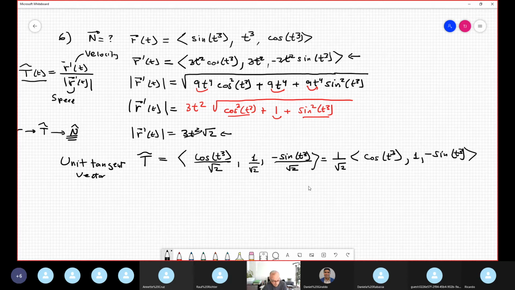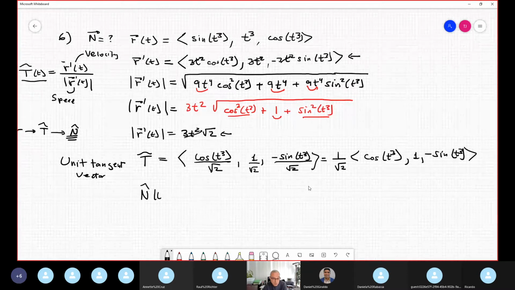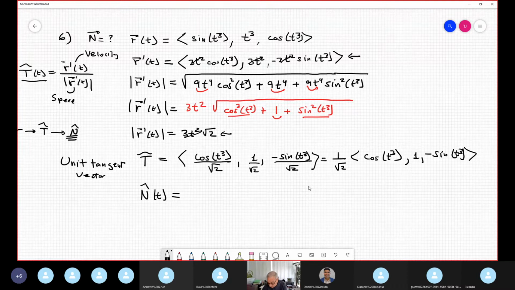In order to find the normal, the formula for the normal, one possibility among the many formulas in the Frenet-Serret formulas, is you divide the derivative of the unit tangent by its magnitude. I prefer this way because we continue using calculus.